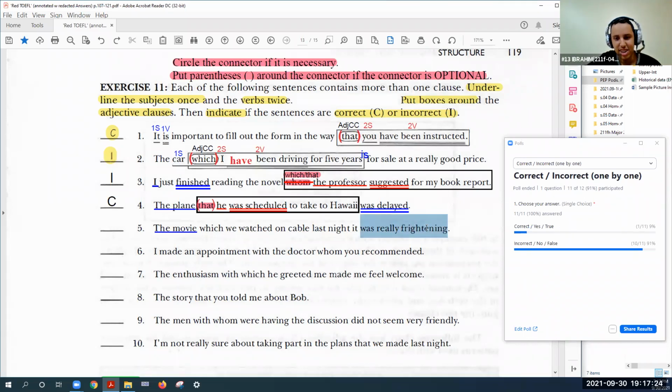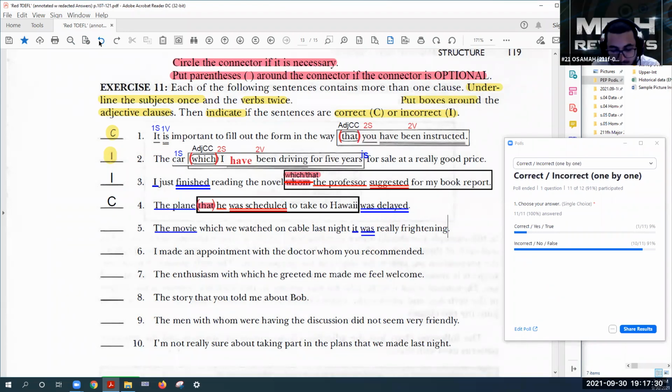So what do we have here? Was really writing. Okay. What's that? Another subject. Oh. This is a verb. Okay. Keep going. Do we have a connector here? Just which. All right, which, and then we watched.